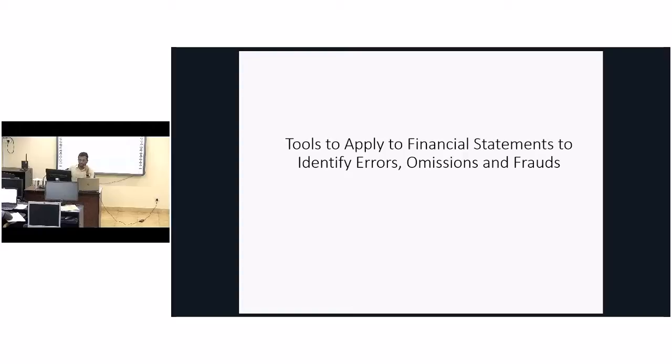Before starting your financial statement analysis and business valuation, we need to make sure whether our data is correct. We have to open our eyes in different ways. Today I am going to look at it in 3 different ways. Right? One is how to identify financial statement errors, omissions and frauds using our ratios. We can use ratios even.